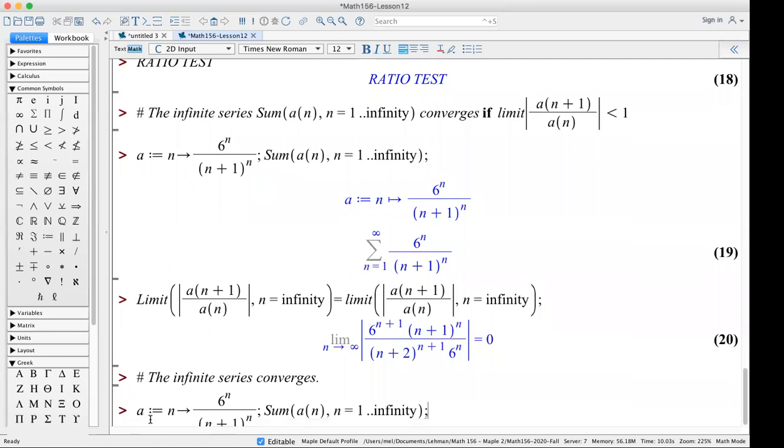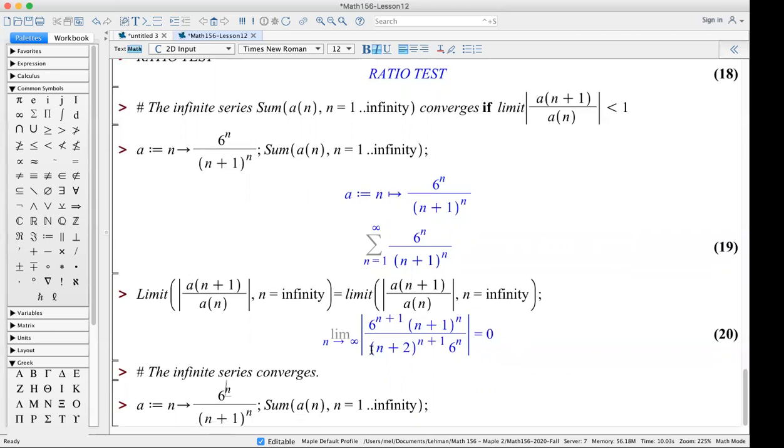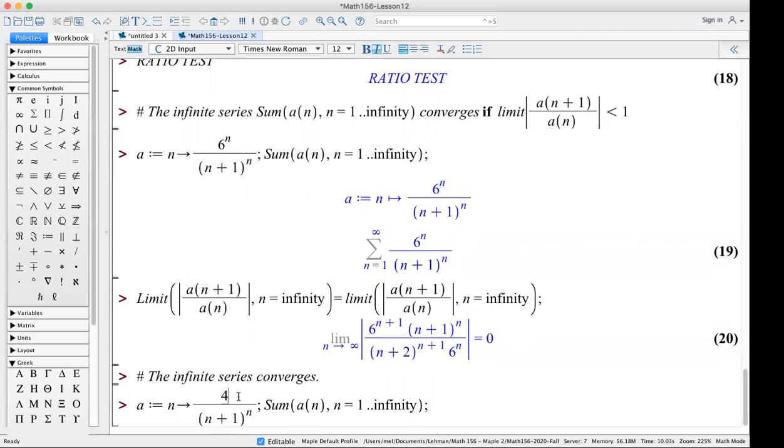Let's look at another example. Suppose we take a_n to be 4 to the n divided by n squared.